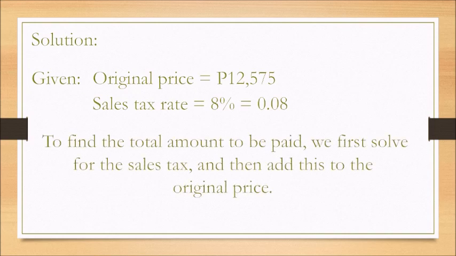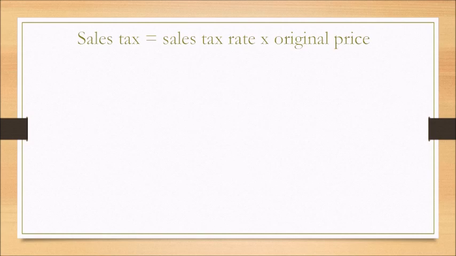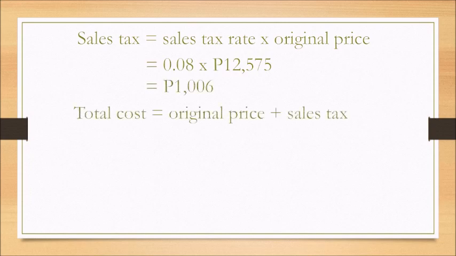To find the total amount to be paid, first solve for the sales tax and then add this to the original price. So sales tax is equal to sales tax rate times the original price. So 0.08 times 12,575, so that is 1,006.